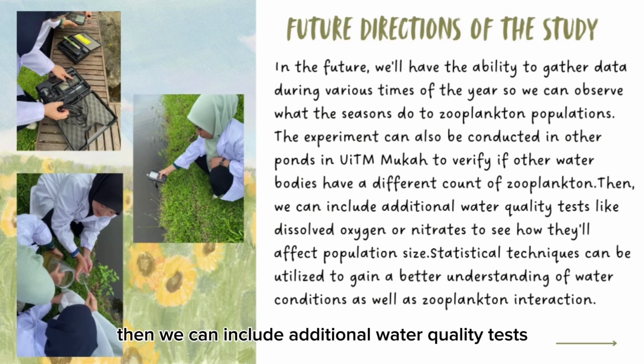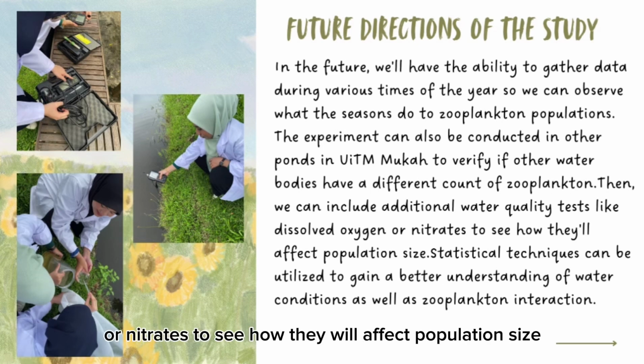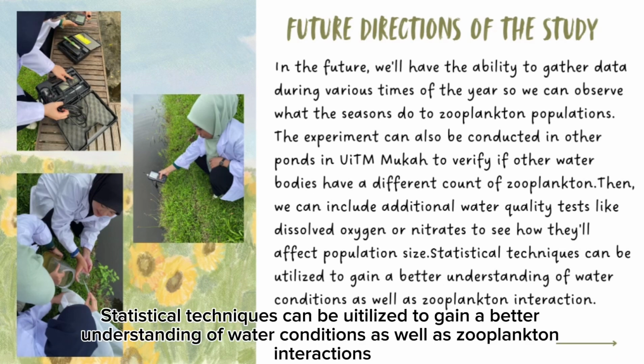Then, we can include additional water quality tests like dissolved oxygen or nitrates to see how they will affect population size. Statistical techniques can be utilized to gain a better understanding of water condition as well as zooplankton interaction.